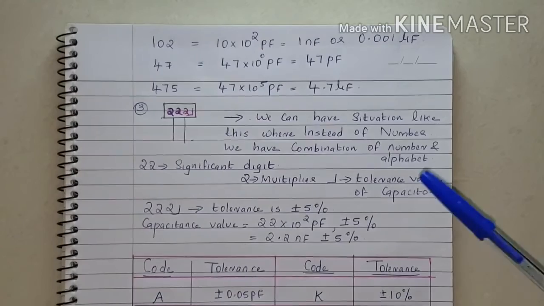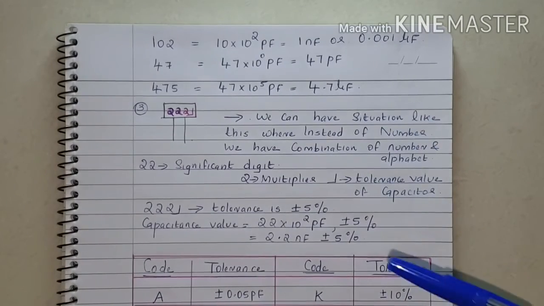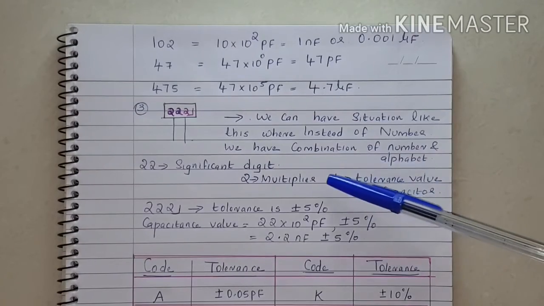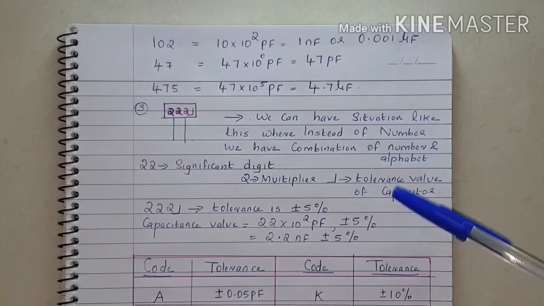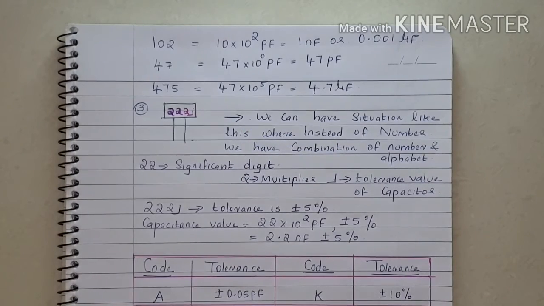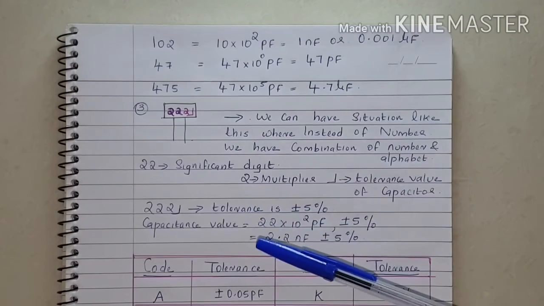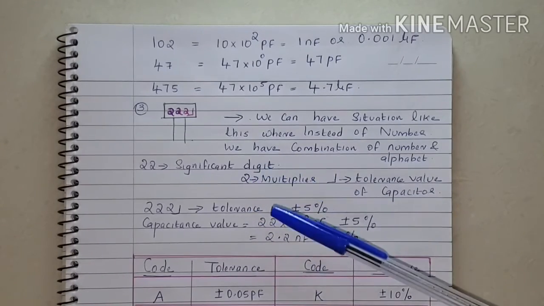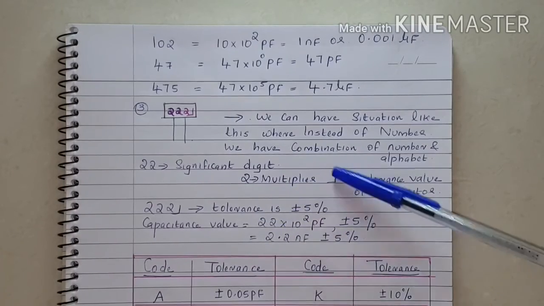The third case is if a combination of number and alphabet is given inside the capacitor, like 222J. In a combination of number and alphabet, the first 2 digits indicate the same, that is the significant digits. The third digit also indicates the same, the multiplier.